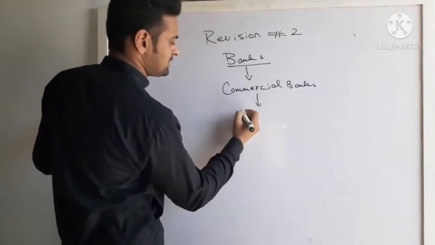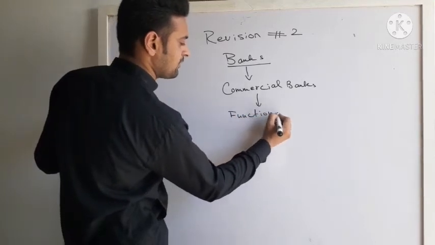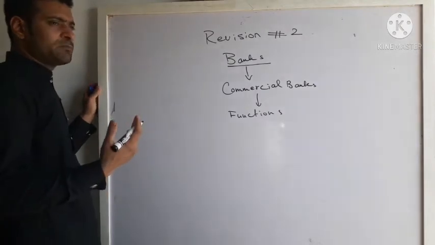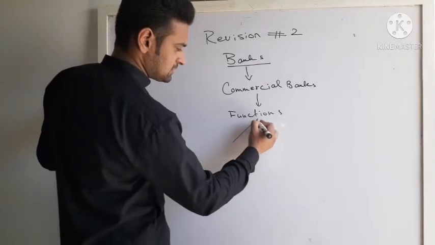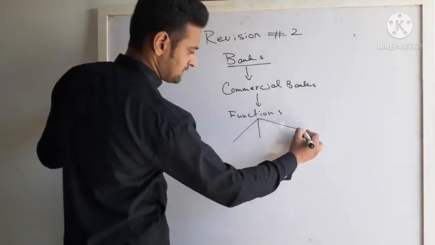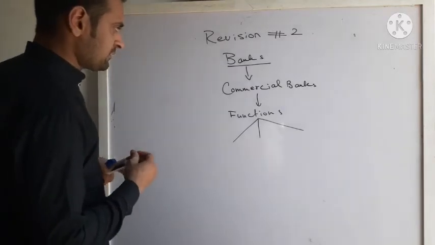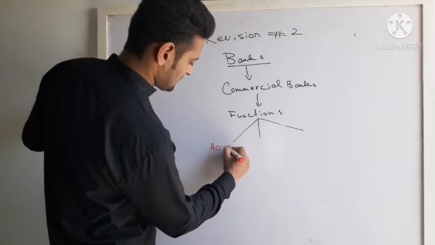So the functions of commercial banks are the following. Commercial banks usually perform three different functions. If we talk about the very first function of the commercial bank, it accepts deposits.